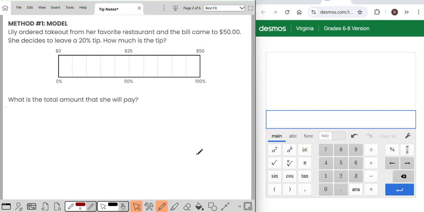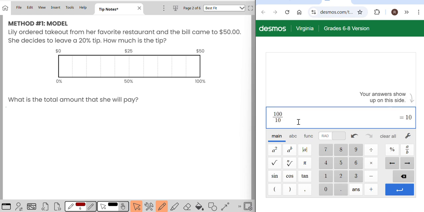If you divide 100 by 10 rectangles, that means that each one of those is 10%. So I'm just going to draw an arrow to one of them, and I'm going to write 10% up here. So you know that each rectangle is 10%.